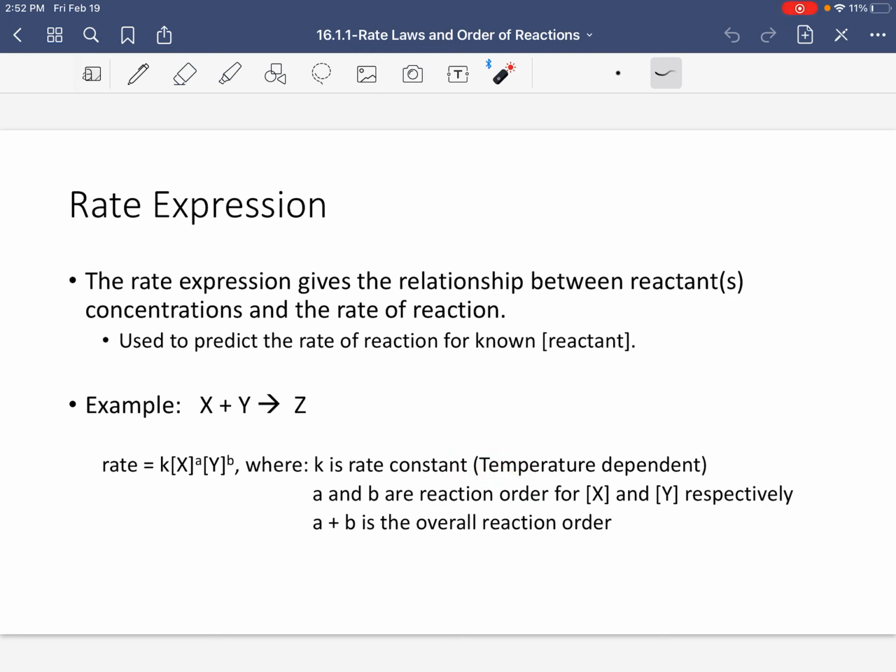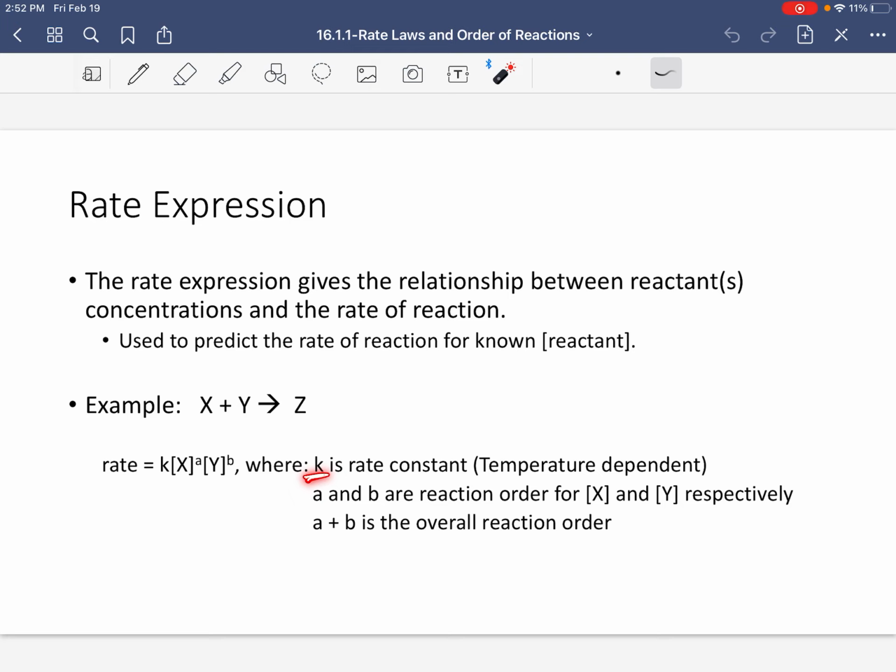We know temperature plays a huge role in rates, because when temperature increases, these particles start going crazy and hit each other with a lot of energy. As a result, the reaction will increase in speed.